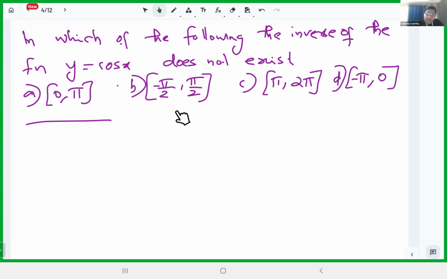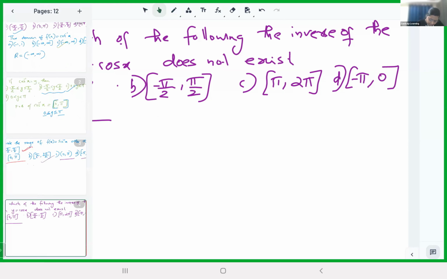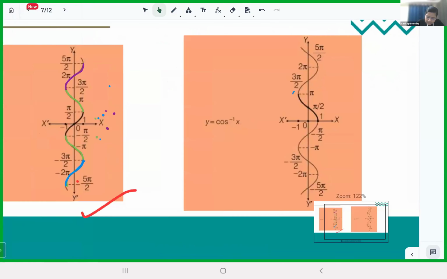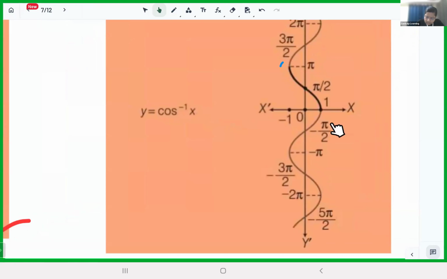So what about the closed interval minus pi by 2 to pi by 2? In that interval, does the inverse of the function cos exist? No. Why? Because it is not one-one in that particular interval. This was already explained with the help of a graph in the earlier sessions. Here you can see minus pi by 2 to pi by 2 is like this.